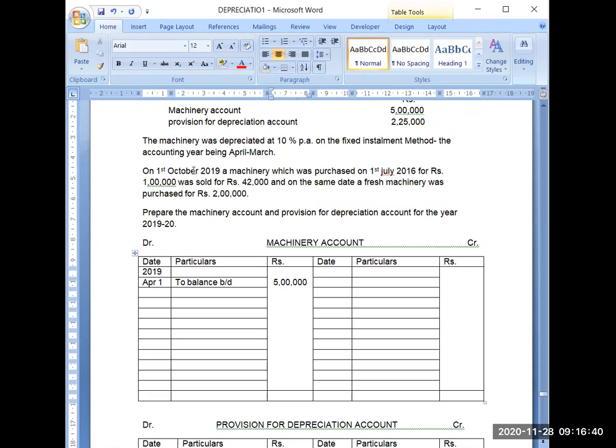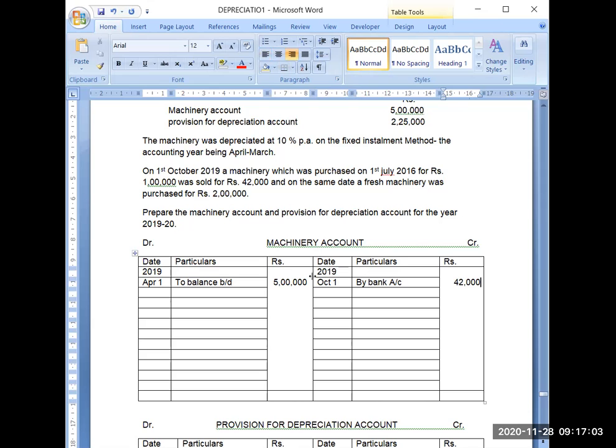Now the question is saying that on 1st October we have sold out one machine. So we will do that entry first. 2019 October 1, by bank account. So first we will do the sale entry, and the sale amount is 42,000.